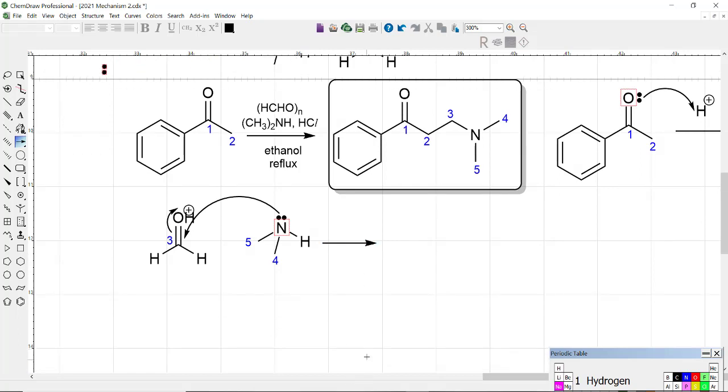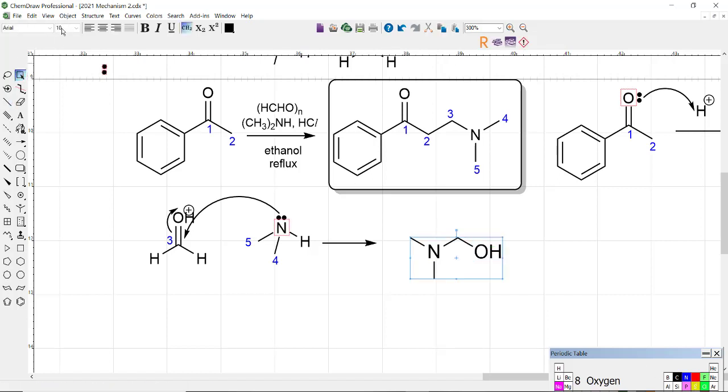So I'm just going to show you how the electrophile is being generated in this case. Sorry, it might take a bit of time because I'm just going to draw it double quick time. I think this might work a little bit better. So this is the N here, and once it performs a nucleophilic attack, it's going to have the OH here.